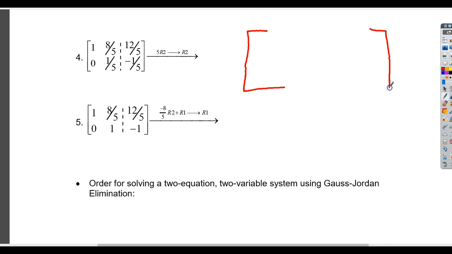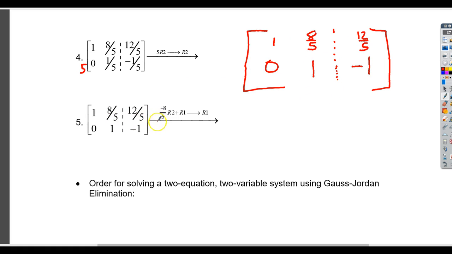So the top row 1 stays the same, and we're going to multiply row 2 by 5. 5 times 0 is 0. 5 times 1/5 is 1. 5 times negative 1/5 is negative 1. And this line right here, sometimes they draw it solid, sometimes they draw it dotted. It's just an imaginary line that separates the coefficients from the constants.